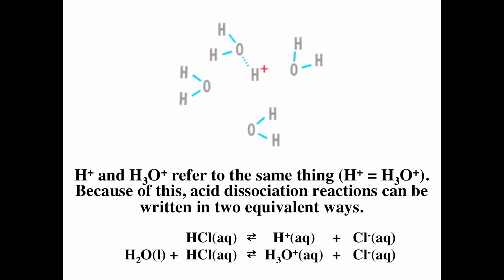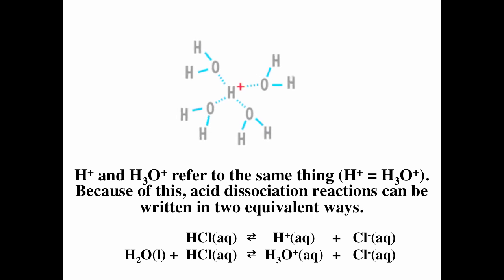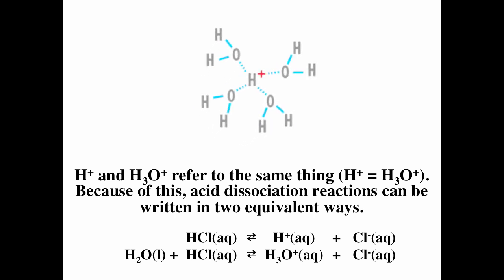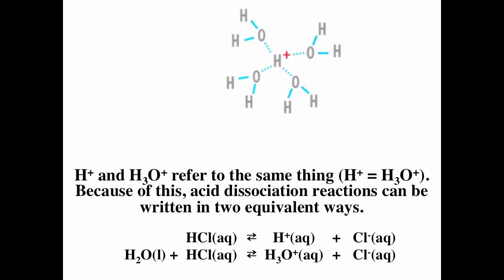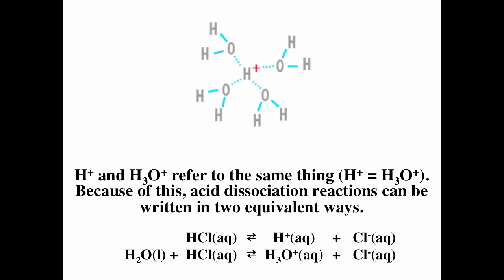There are often 6 and sometimes more water molecules around an ion. Because the hydrogen ion is so small, it is thought to have an average of 4 water molecules associated with it at any time. And so instead of writing H+ and then 4 water molecules, we use either H+ or H3O+. They're exactly the same thing.